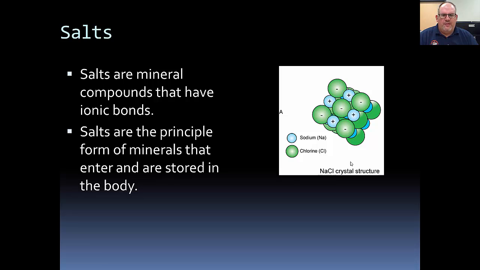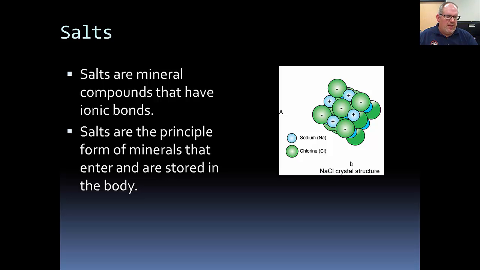And we kind of look at some of the different things in the body as far as what dissolves in water and what the body's made up of. One of the main things is salts, and salts are actually mineral compounds. They're going to be things like sodium chloride, magnesium, phosphorus, calcium, sulfur, all these different things that, if you look back at your periodic table, are going to be called some of your major elements or minor elements, excuse me, some of your minor elements are a lot of these salts.